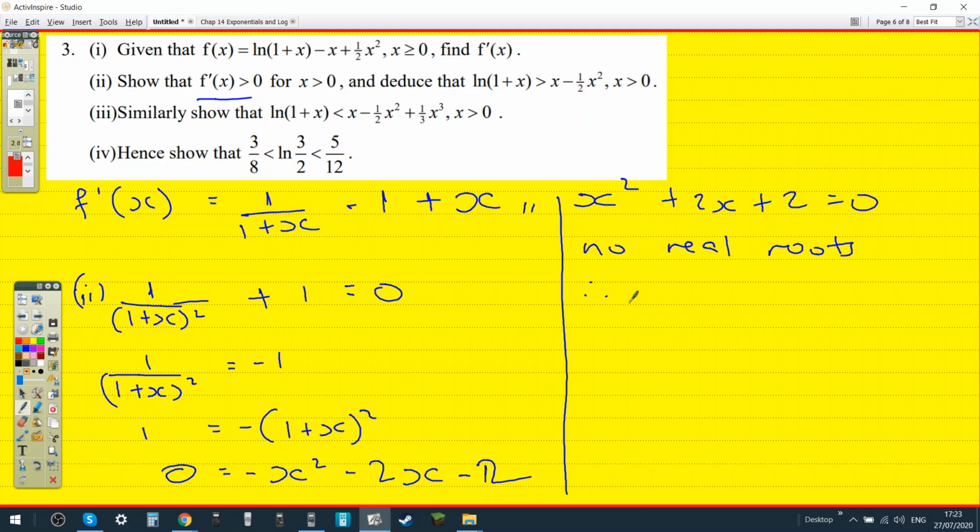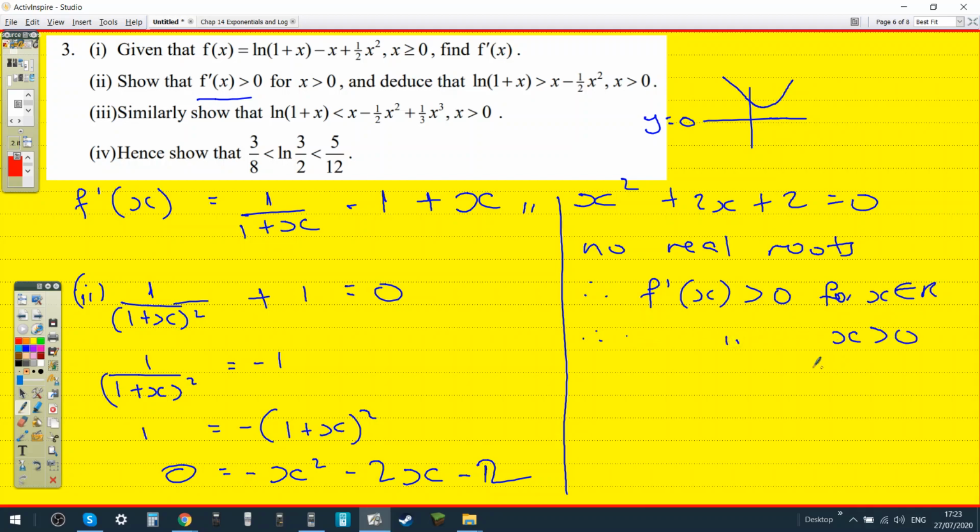So how does that show that dy by dx is greater than 0? Y equals 0 is there. Yeah. So this has to be greater than 0. Okay. So it's positive. Okay. The f dash of x is greater than 0, I think for any real number for x. And so, yeah, including when x is greater than 0.